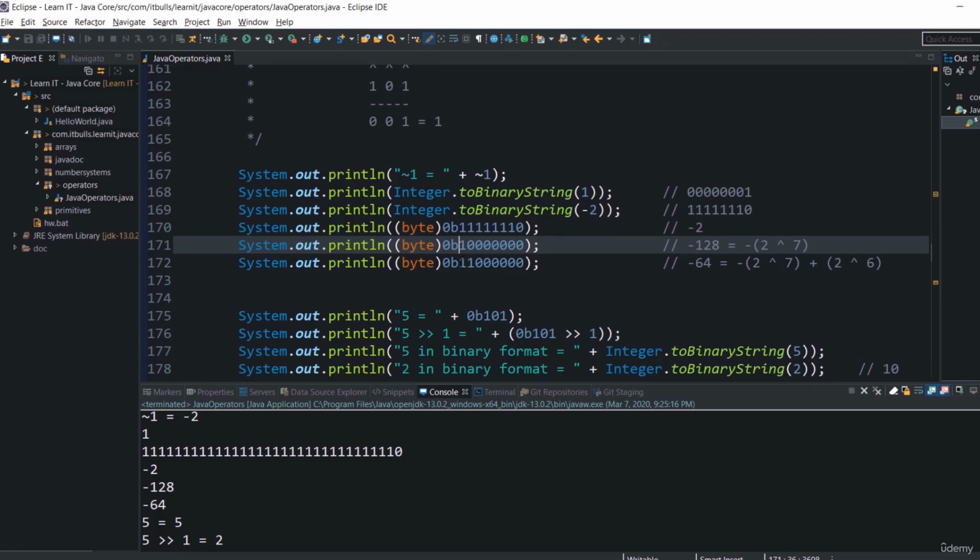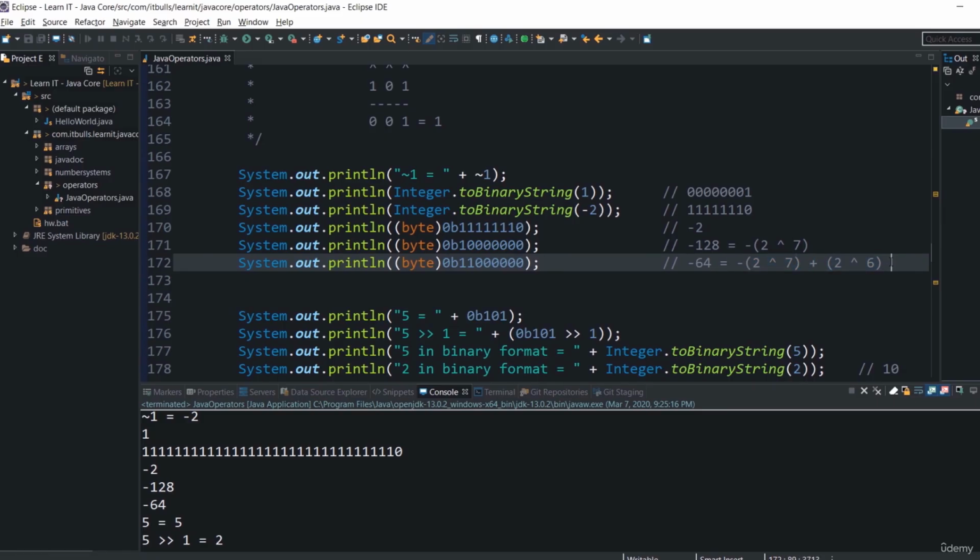And here is binary representation of -64. Why? Because -128 plus 1 multiplied by 2 in power of 6 will be -64. You remember how we did calculations in our number systems lesson? We add values of the next bits to each other. Hope this makes more sense now.